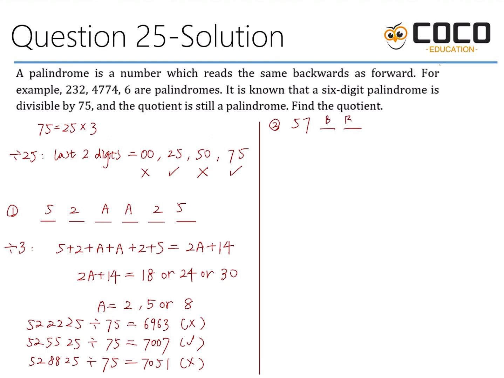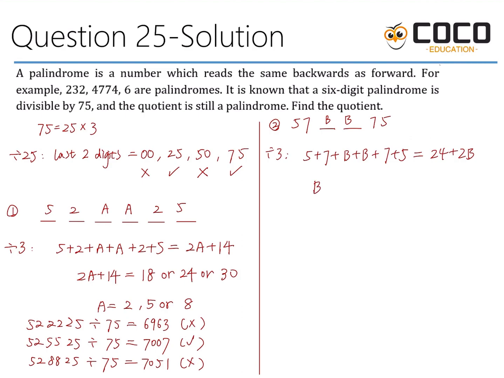Let's say the digit is B, 57BB75. So for divisibility by 3, the sum of digits is 5 plus 7 plus 2B plus 7 plus 5. This is 24 plus 2B. 24 is already a multiple of 3, so we just check 2B.